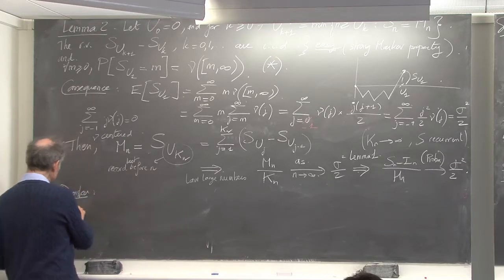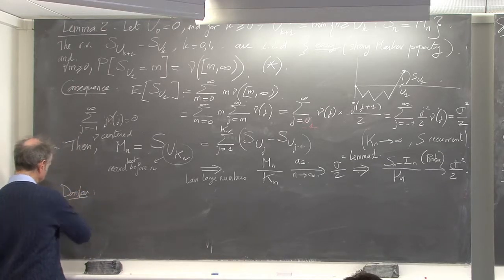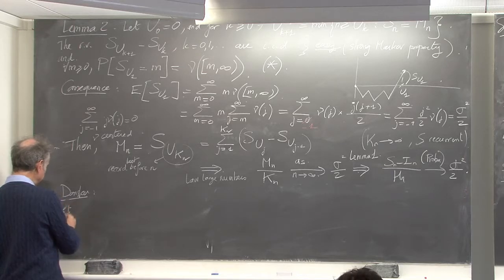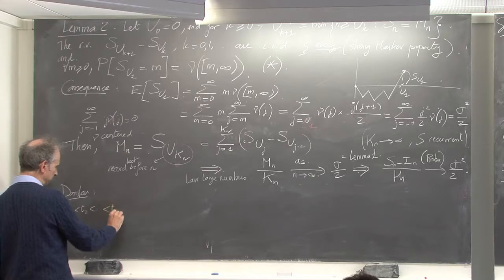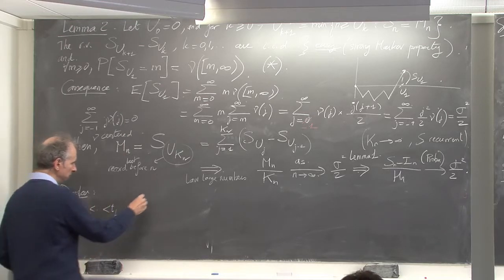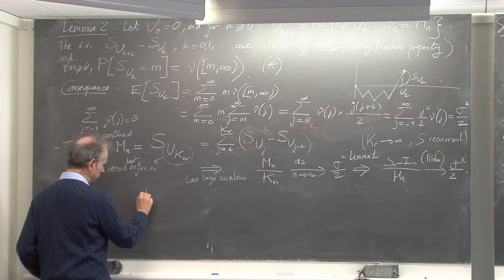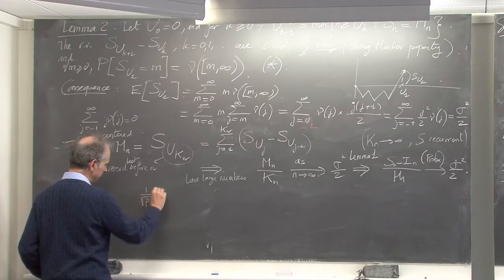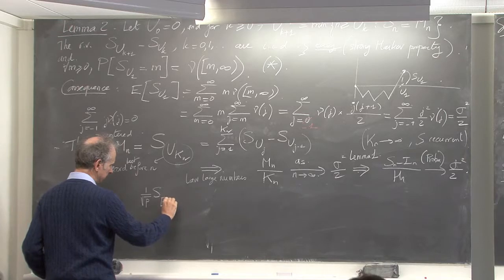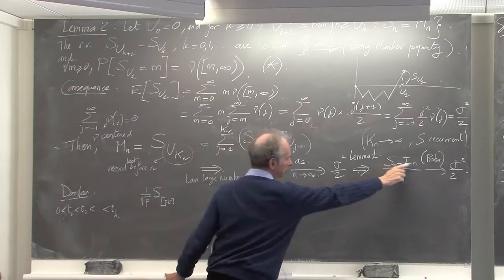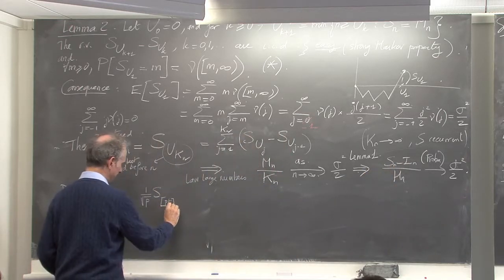Okay? So now, just to finish the argument, so Donsker is telling you, well, I will deal only with a finite dimensional convergence. Okay? So I take T1 smaller than T2 smaller than Tk. I will comment on that afterwards. Well, the result I stated before tells you that if you rescale, so in fact I will rescale this function here, Sn minus In.